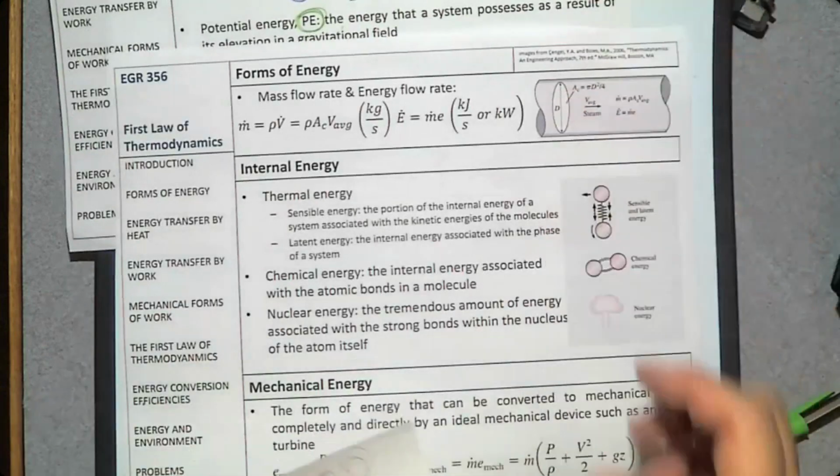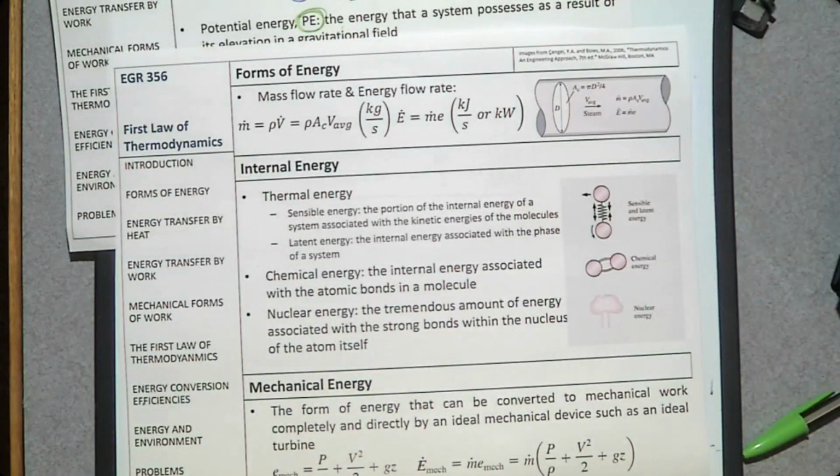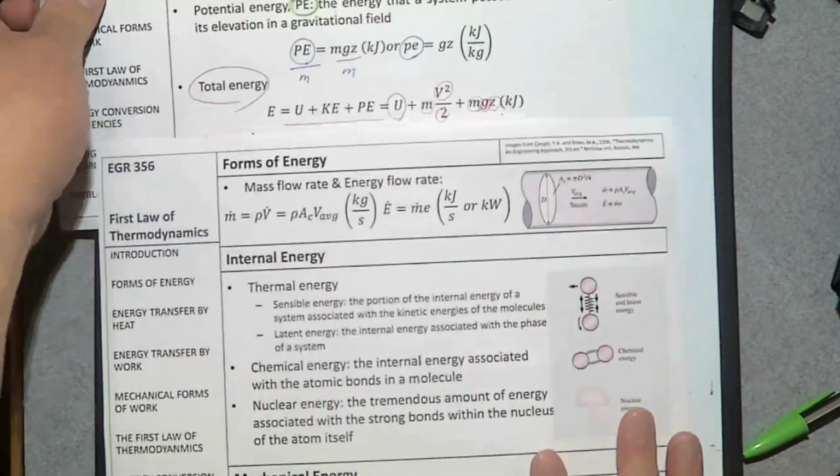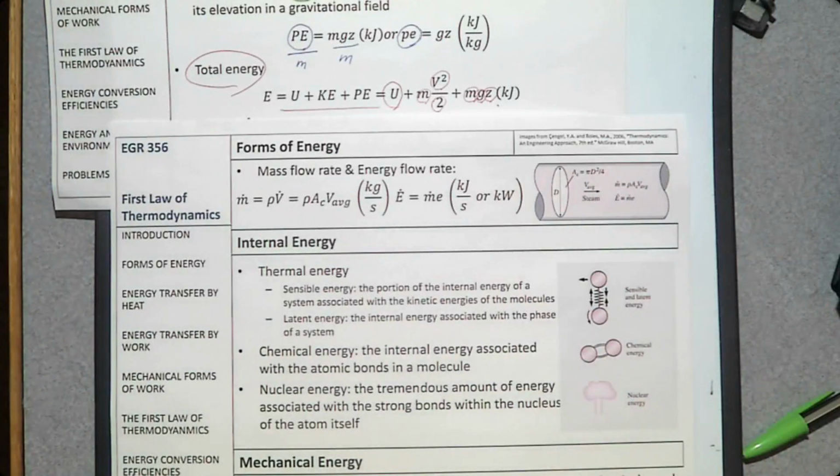Then let's go back to the total energy. The total energy is going to be the sum of internal energy U, kinetic energy KE, and potential energy PE. Then what kinds of internal energy are there? The first one is thermal energy, the energy associated with heat transfer, and then chemical energy and nuclear energy.